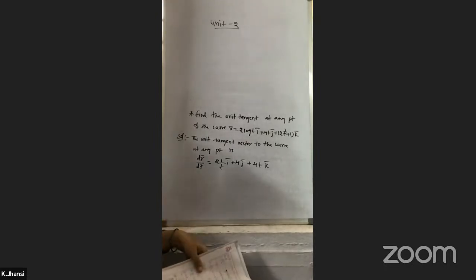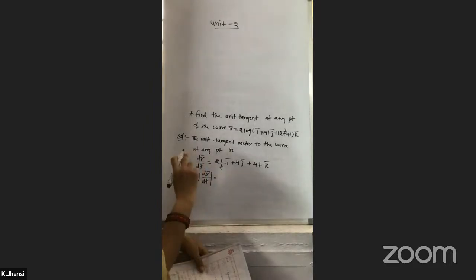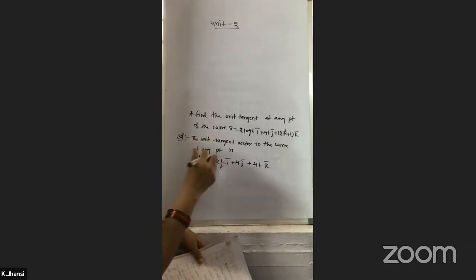For unit tangent vector, the formula is dr by dt by modulus of dr by dt. So now we'll find the modulus of this one, that is dr by dt mod. Modulus means whatever values are there in place of x, y, z, you have to do the square of them.